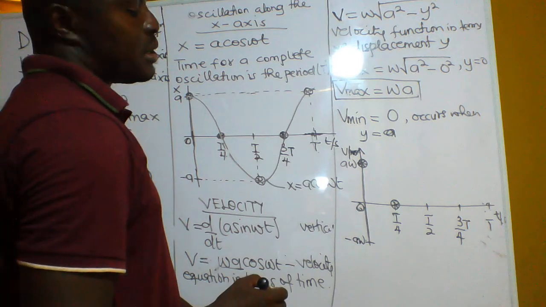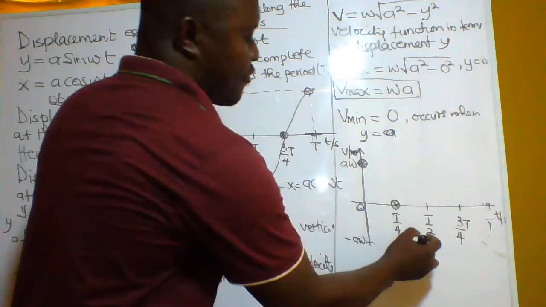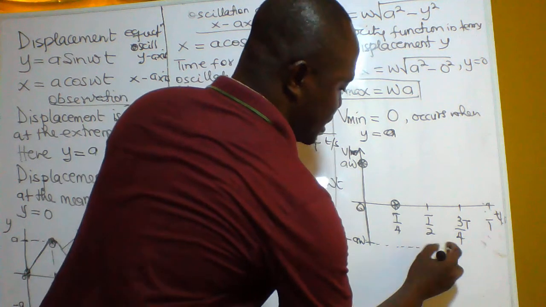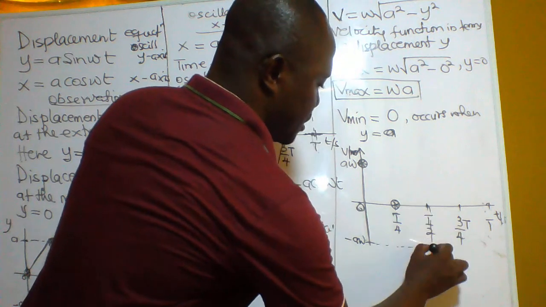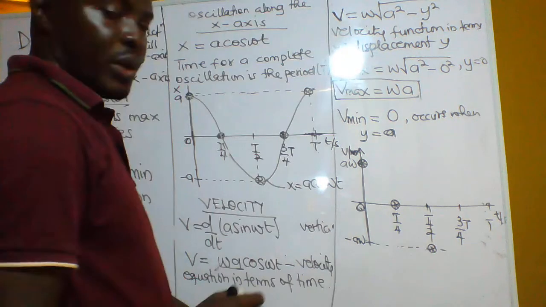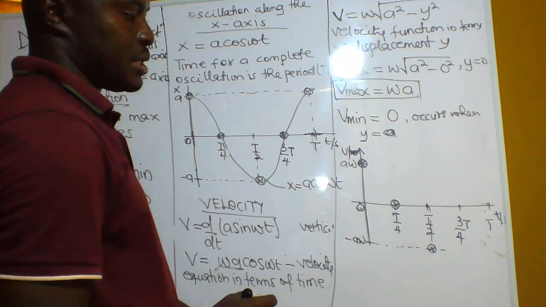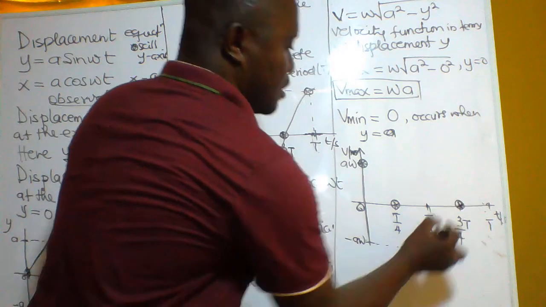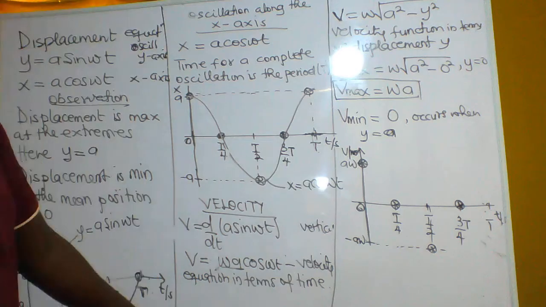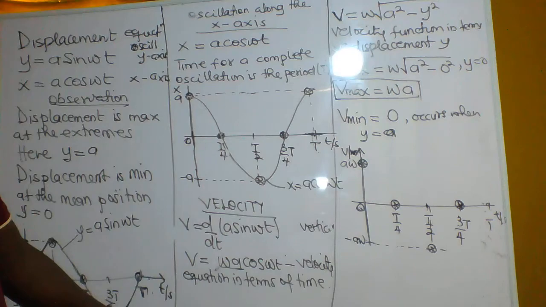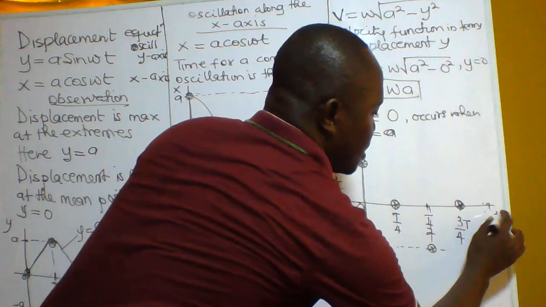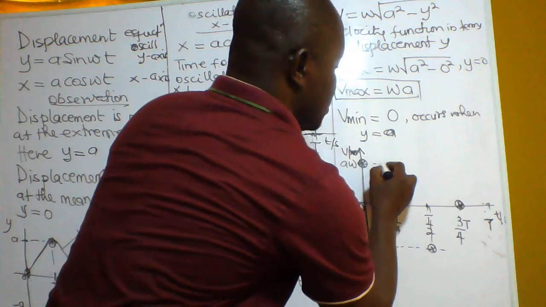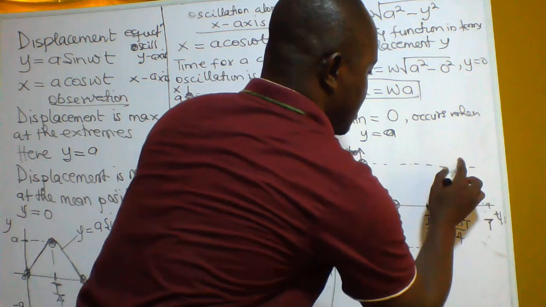When t is equal to half of the period, the velocity is equal to the amplitude at the opposite end. When t is equal to 3/4 of it, the velocity is 0. And when t is equal to the period, big T, the velocity is equal to the amplitude at the upper end.